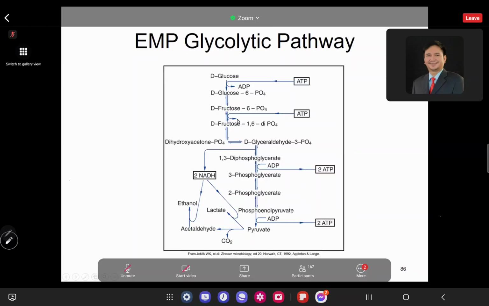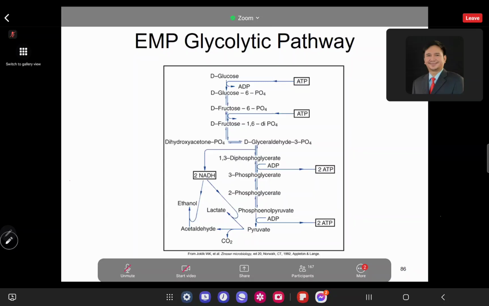Now this molecule is cleaved into 3-carbon intermediates: first is your dihydroxyacetone phosphate and your D-glyceraldehyde 3-phosphate. During the pathway, ATP is generated via substrate-level phosphorylation and NADH is produced, serving as reducing power.